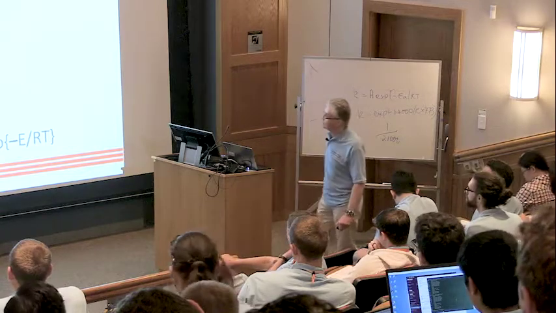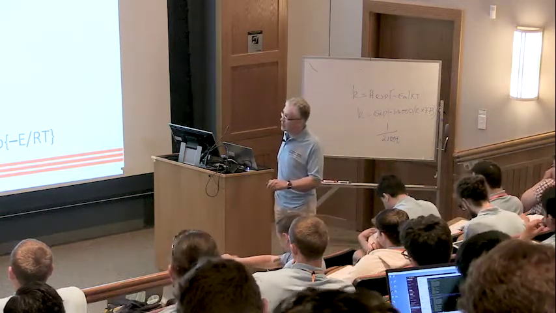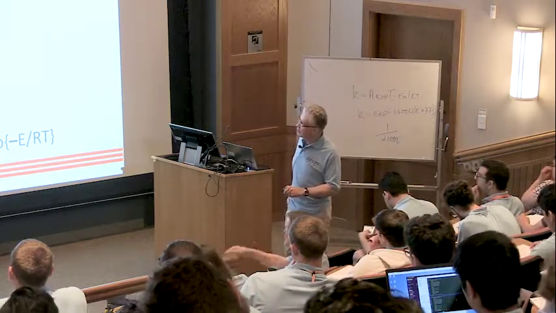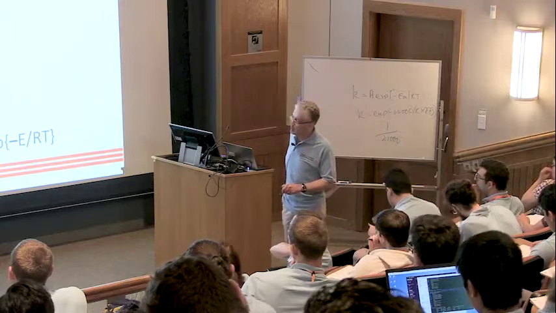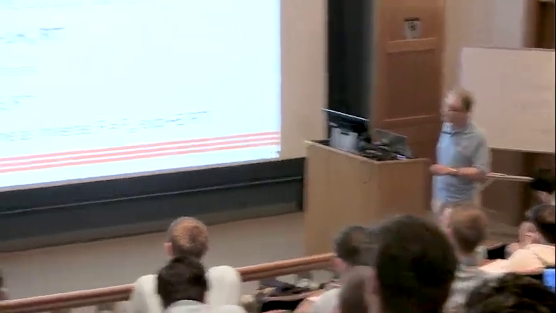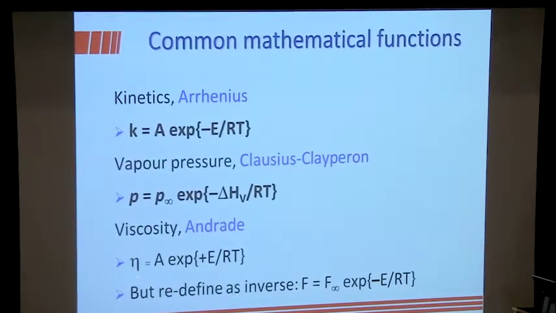Okay, so the common mathematical functions: in kinetics we've got the Arrhenius expression, but it's similar in vapor pressure with the Clausius-Clapeyron equation, P is equal to P infinity e to the minus delta H of vaporization all over RT. And in viscosity, you have the Andrade formula, where eta is equal to A e to the plus E over RT.